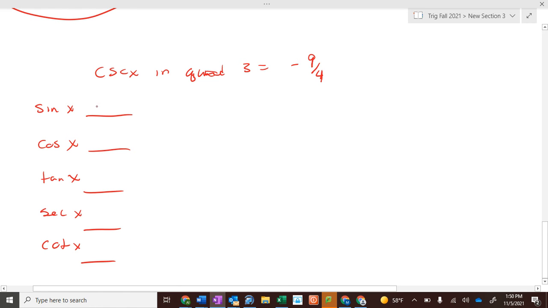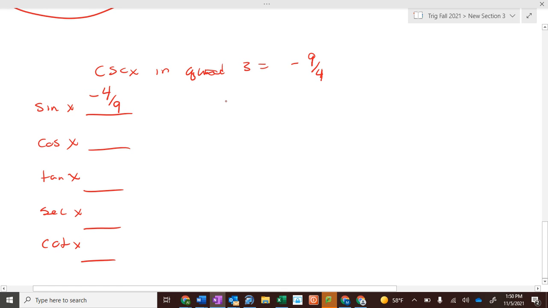Sine of x equals negative 4/9. Then what's easy to find once you find sine? Cosine. Sine squared of x plus cosine squared of x equals 1. So negative 4/9 squared plus cosine squared equals 1. What's 4/9 squared?